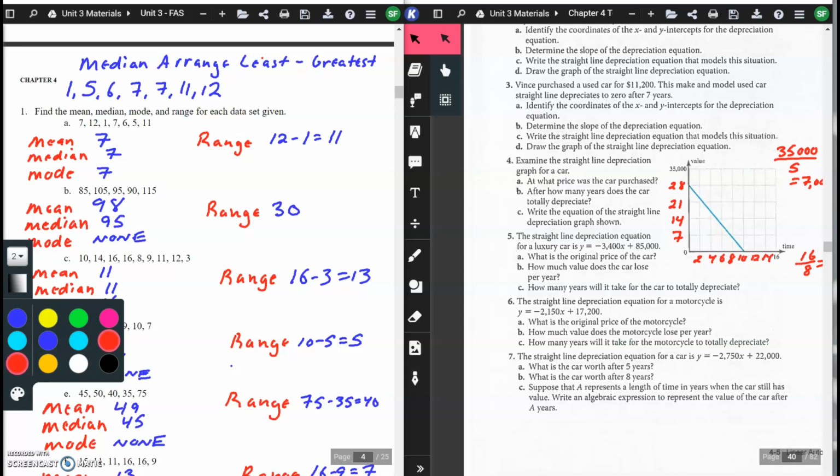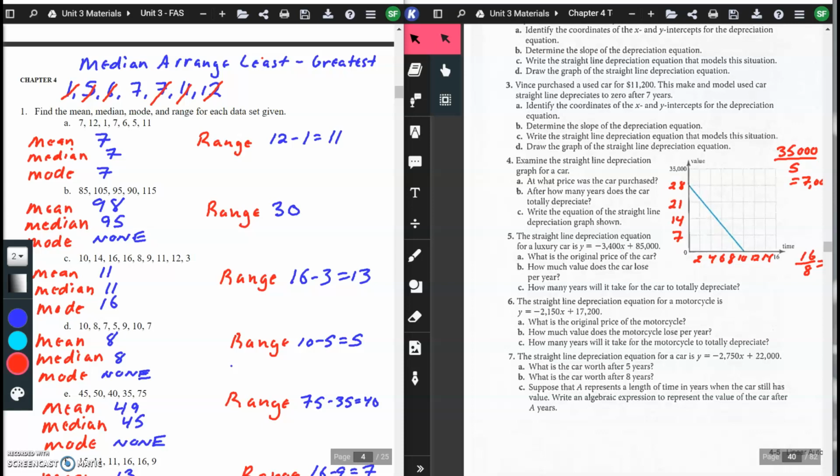So for example, I'm going to take off 1 from the left, 1 from the right, 1 from the left, 1 from the right, 1 from the left, 1 from the right. And now notice you have one middle number, which is 7. So 7 would be considered your median.